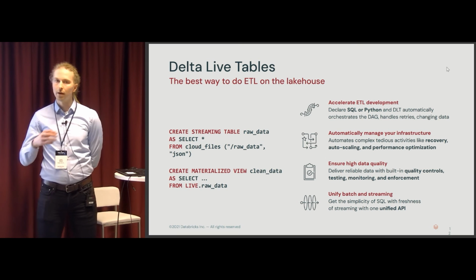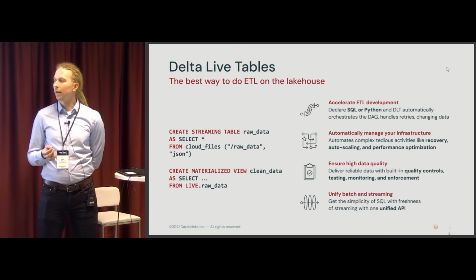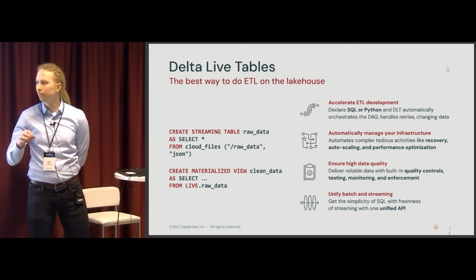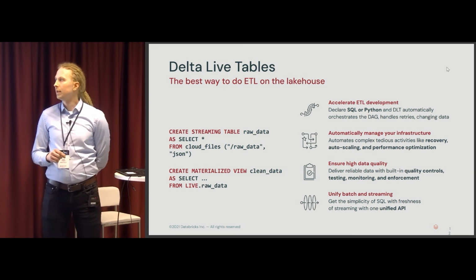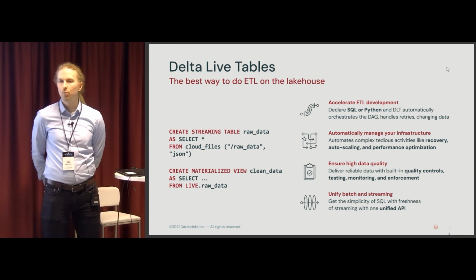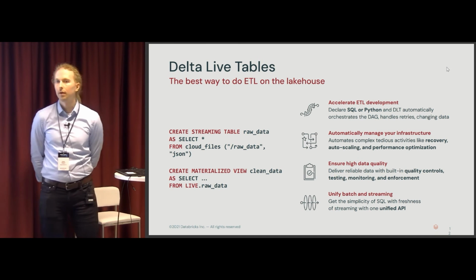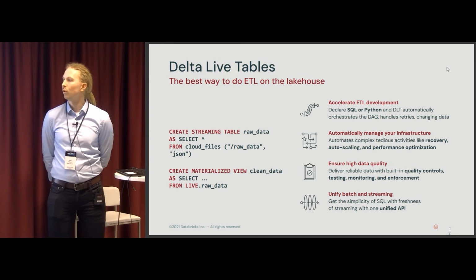Then you create a second, let's say, silver layer called clean data, and you read directly from this raw data table. So when you define these two tables, this Delta Live Tables, or DLT, pipeline automatically handles the dependencies between the tables.